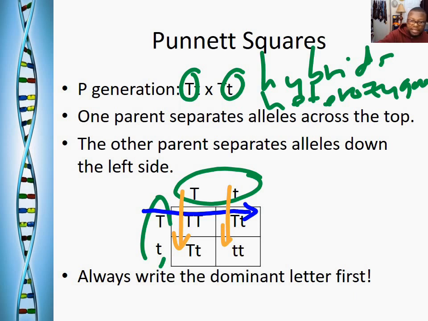And you will have exactly the same outcome as on here. Sorry, that's supposed to be blue. There you go. So, big T here, big T here, big T here, little t here, little t here, big T here, little t here, little t here.